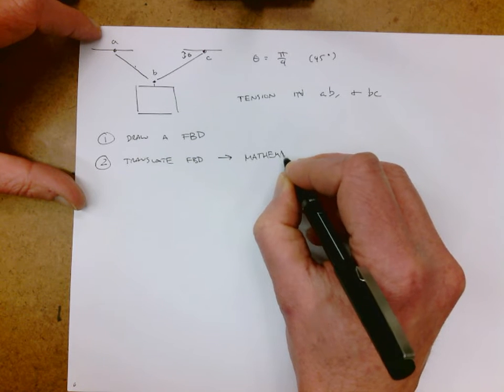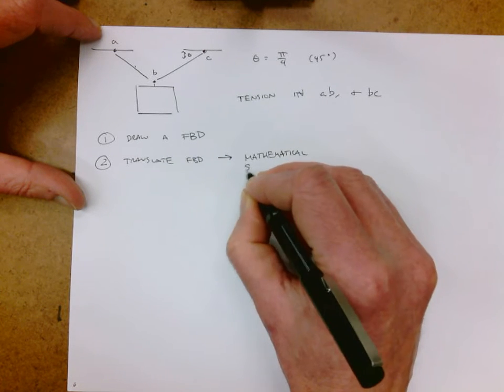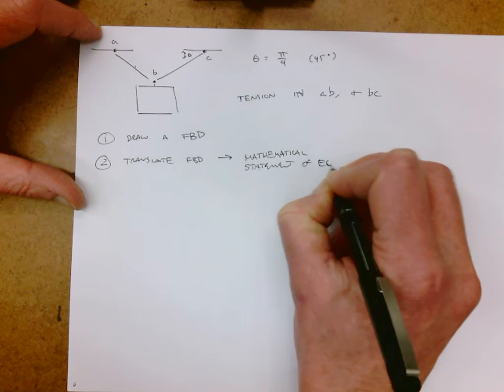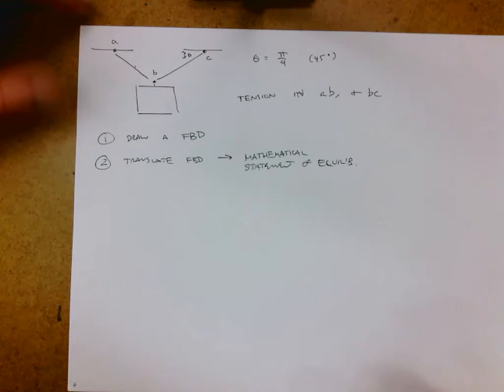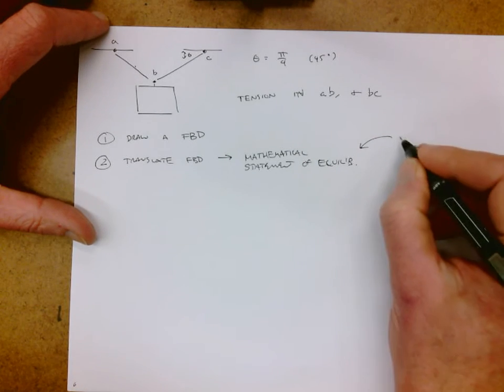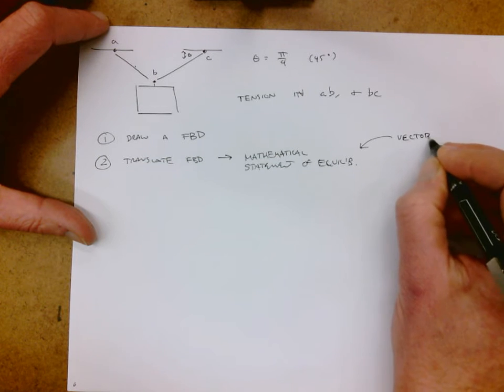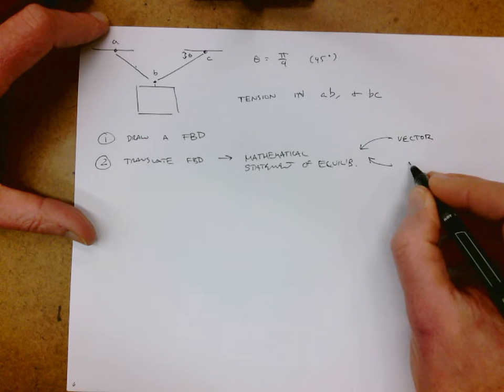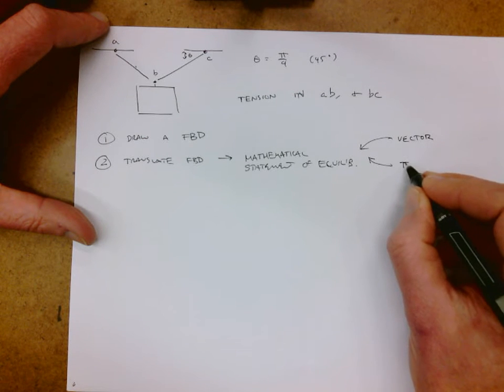So, a mathematical statement of equilibrium. And in doing that, I'm going to bring to bear some of the vector ideas that we talked about earlier, and also, of course, ideas about what the nature of different interaction models are.